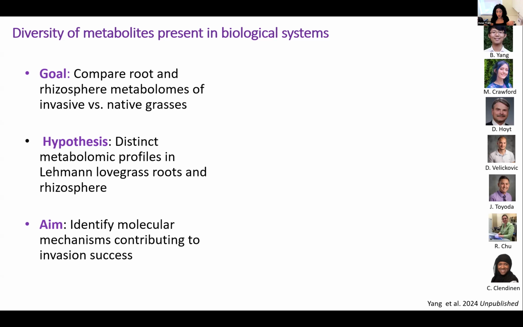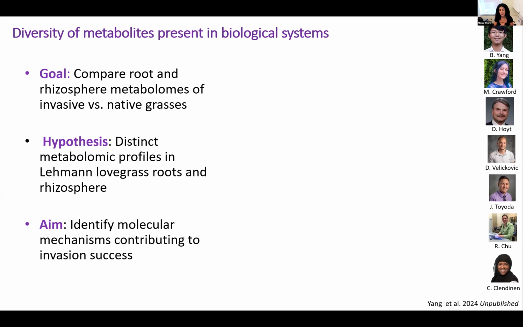So we knew coming into this project that we expected both of them to have different metabolic profiles in the root, and this would extend into the rhizosphere because we know that the rhizosphere is significantly impacted by root inputs. We were then hoping to take all that data and identify the molecular mechanisms contributing to the invasion success.